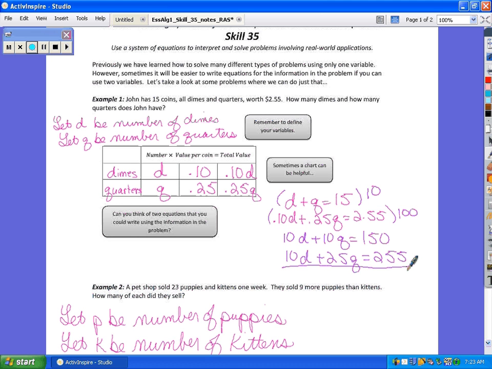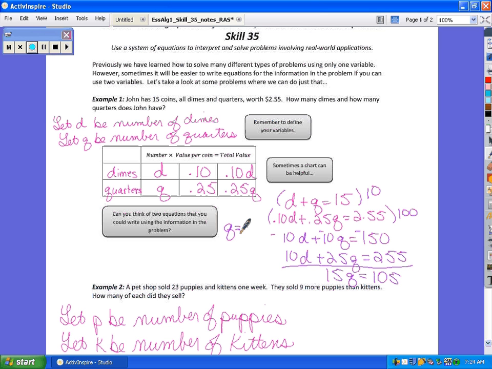I'm going to go ahead and multiply all these by -1. So I get 15Q equals 105. So when I divide by 15, I get how many quarters I have.